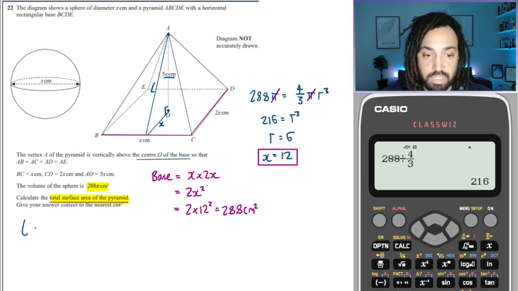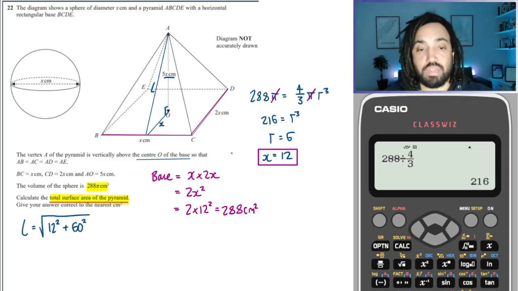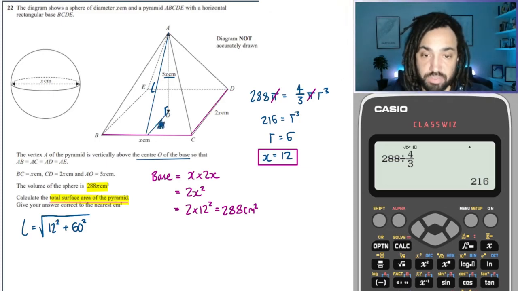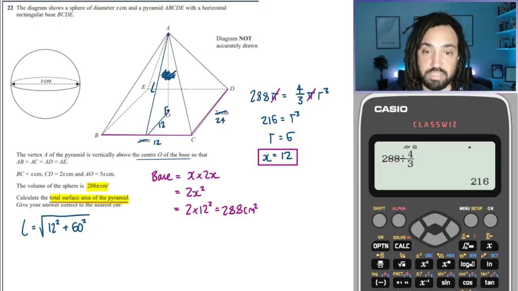So L is going to equal, it's the hypotenuse, so it's going to be the square root of x squared, which is 12 because x is 12, plus 5x, so 5x is 60 because again x is 12, squared. Perfect, so let's just confirm that: we know this is now 12, we know this is now 24, and we know this is now 60.